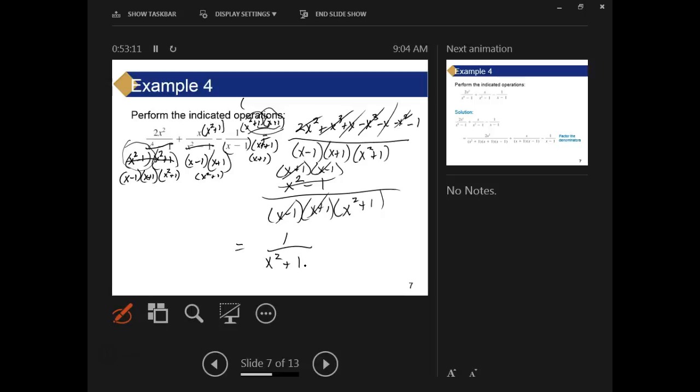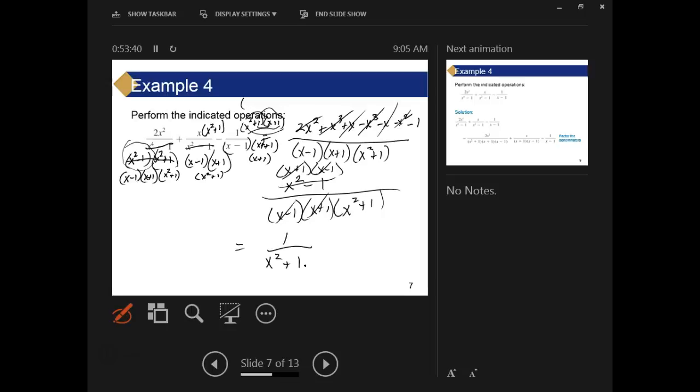Now, again, it's kind of important. The book doesn't do this, but I think it's a good practice to look at this and say, I know by looking at this denominator, x can't equal 1 or negative 1. Now, this can never be 0.